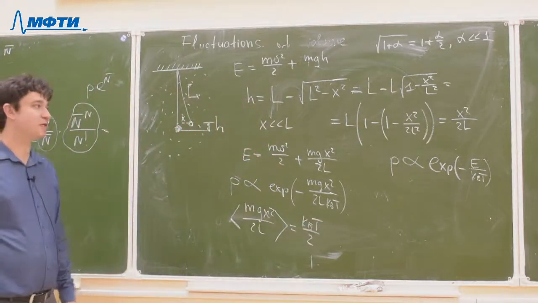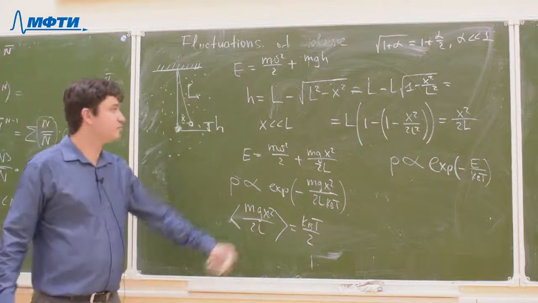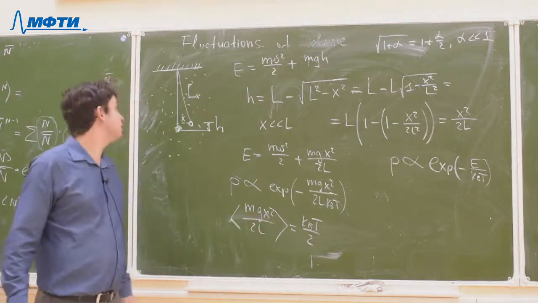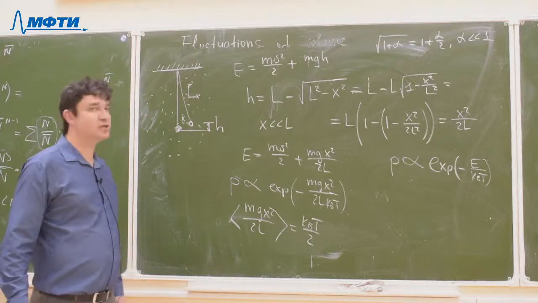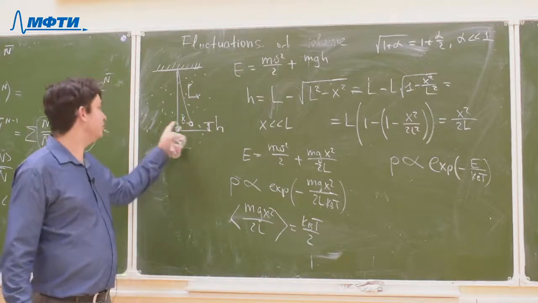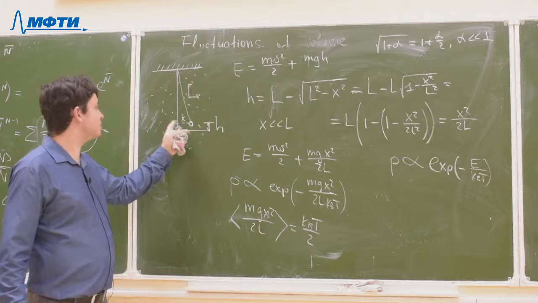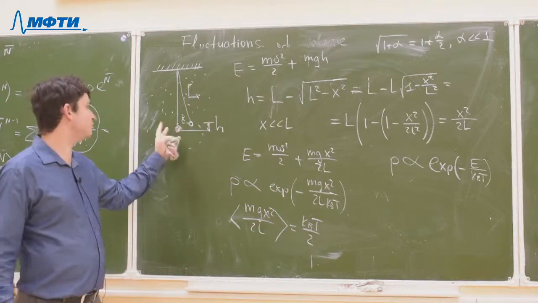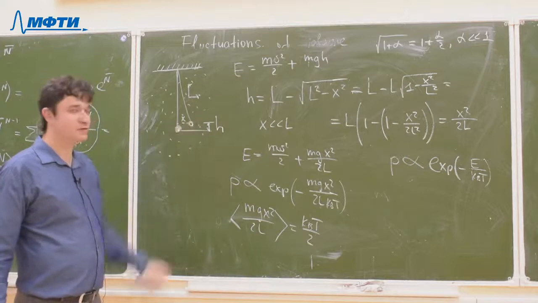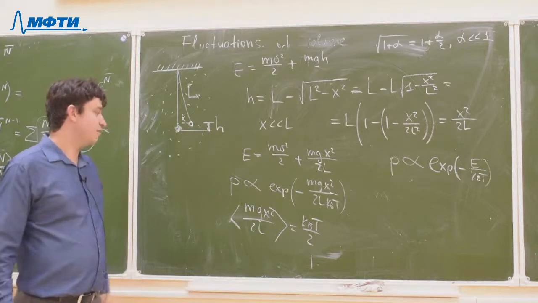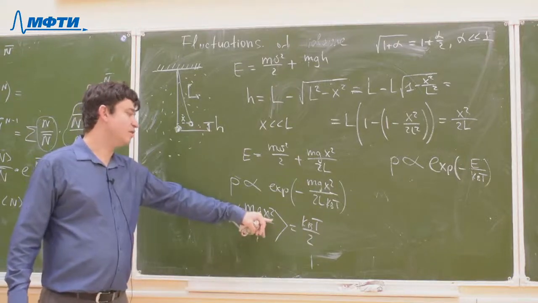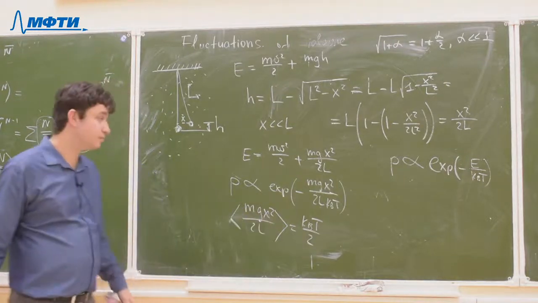And from this we can find the fluctuations of the displacement of our pendulum. So there are some displacements which happen due to the presence of the environment and due to the collisions of our pendulum with the molecules of gas. And these displacements are very small, but nevertheless they obey this condition.